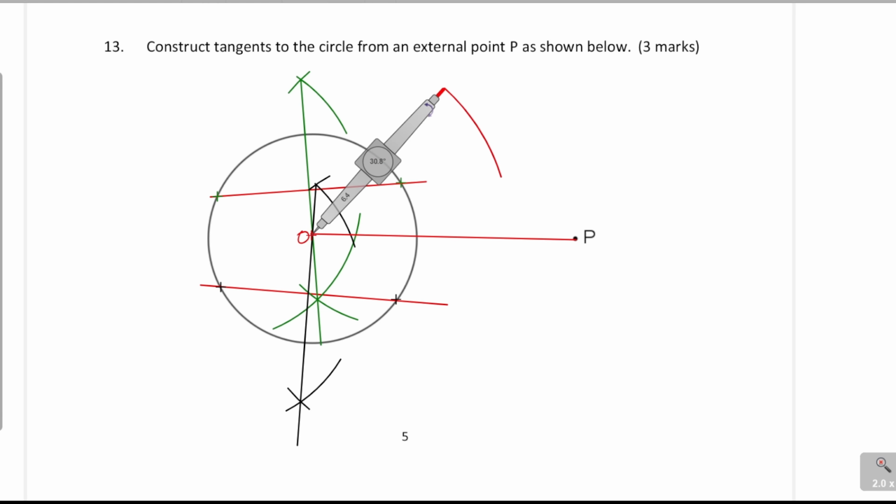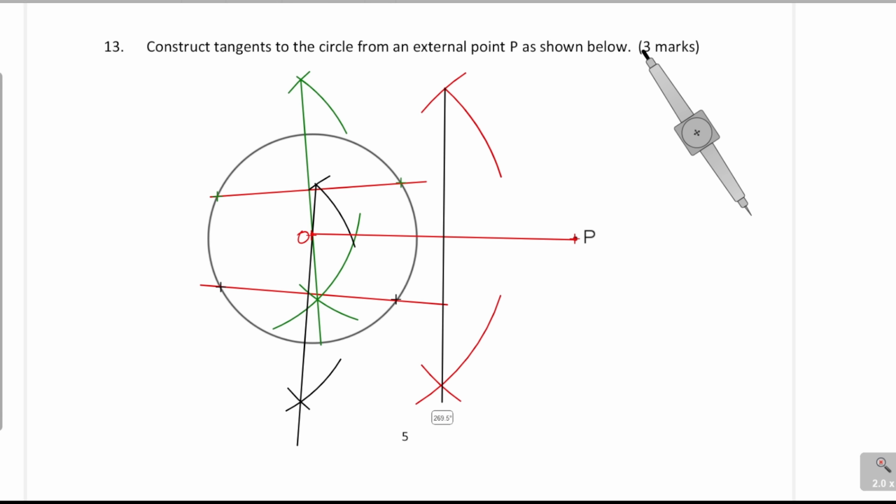Just mark an arc there, a big one, and then below them another arc. So with the same radius, stand at point P, then cut that arc, and then cut this arc again, like that. Join this point like that.